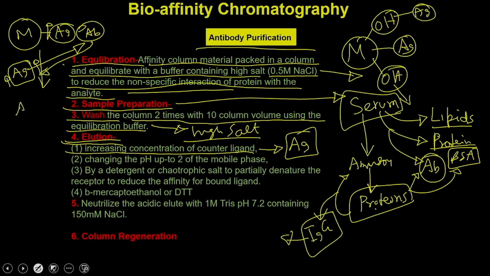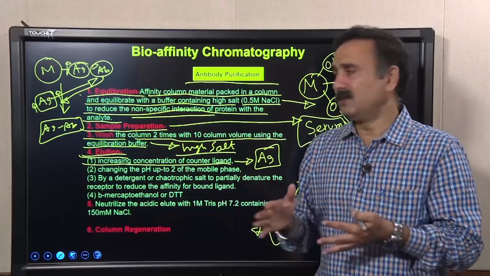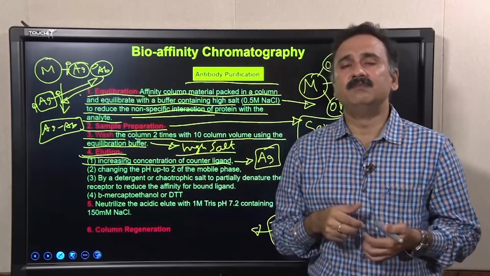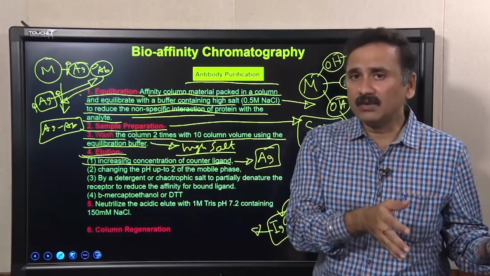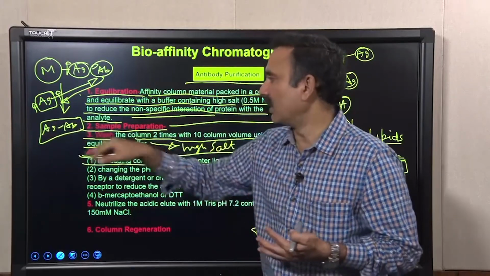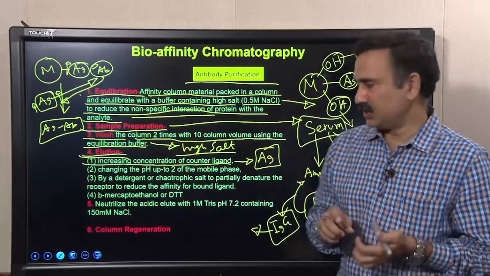That is why the antigen antibody complex is going to be released from the column in a dose dependent manner, in a very regulated manner. So, if you have a very small quantity of antigen, nothing will come out, and if you have a very high quantity of antigen, good enough to compete with the antibody bound to the antigen coupled to the matrix, then the antibody is going to be released from the column and it is going to be freely available for your further applications.